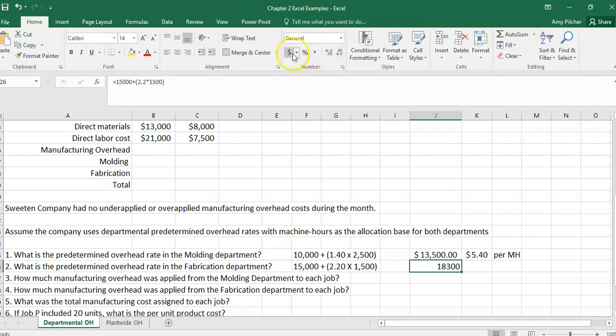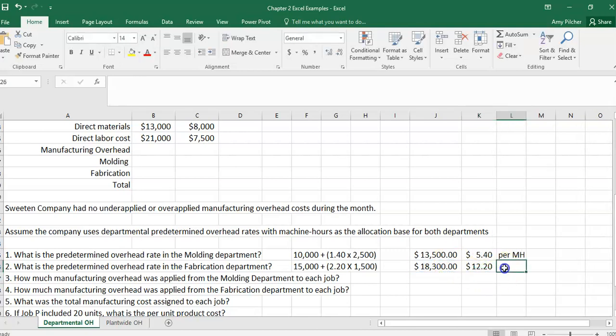We get $18,300 divided by 1,500 machine hours, and we get an allocation rate of $2.20 per machine hour for the fabrication department.